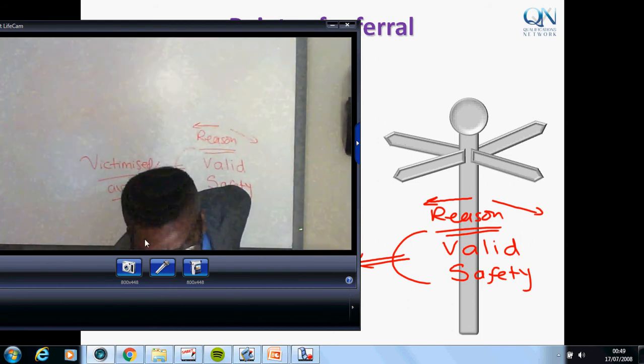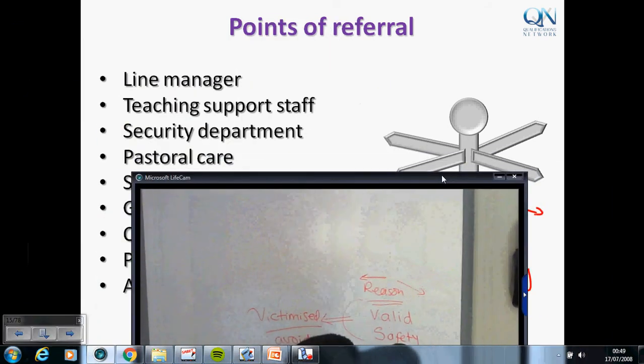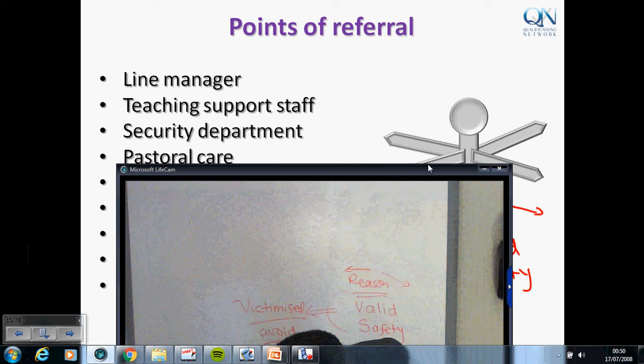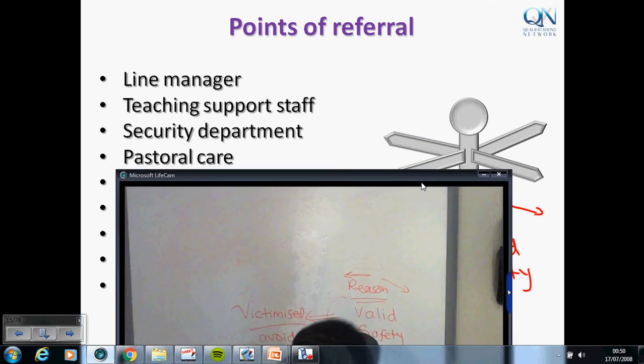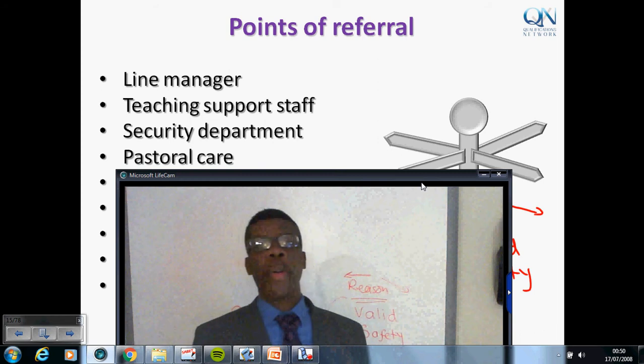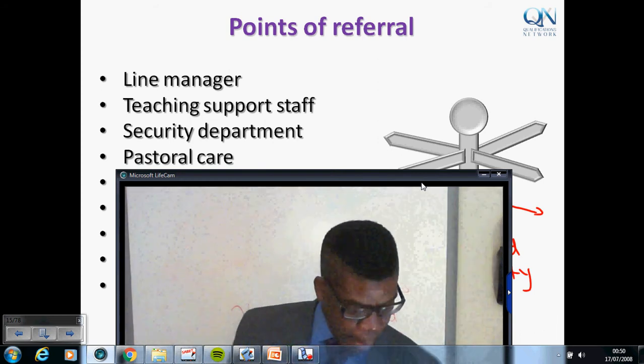Another area we can look at is the following: the pastoral care. What's the role of the pastoral care?